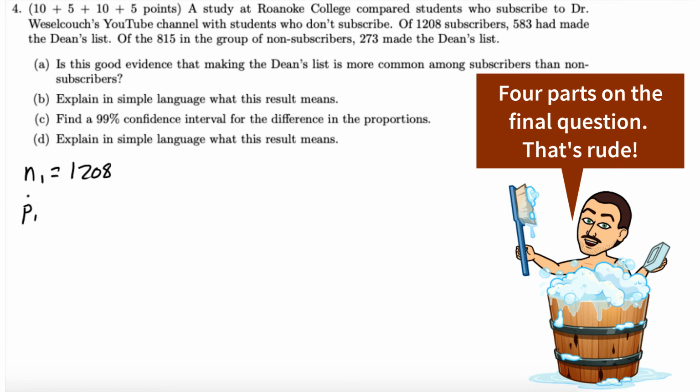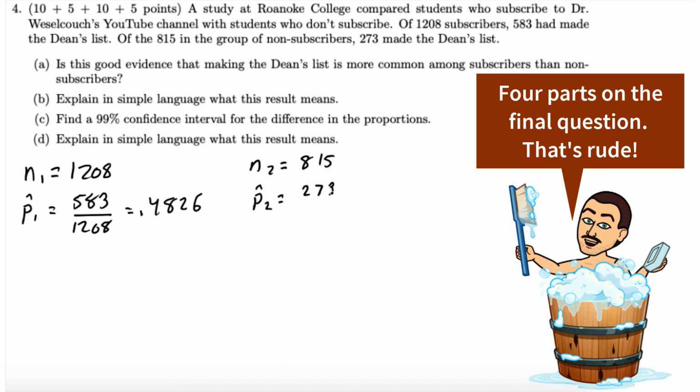So n1 is equal to 1,208. p1 hat is 583 over 1,208, which we work out to be 0.4826. n2 is 815, and p2 hat is 273 over 815, which works out to be 0.3350.